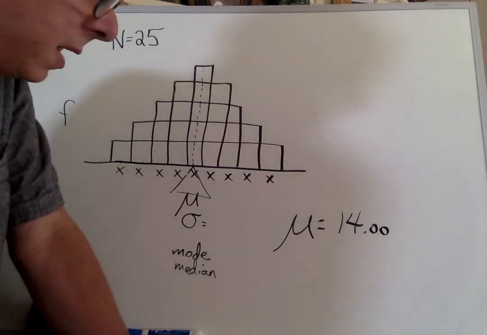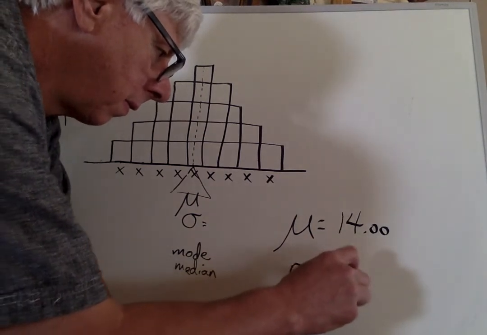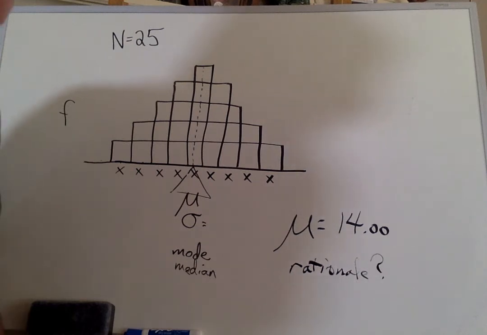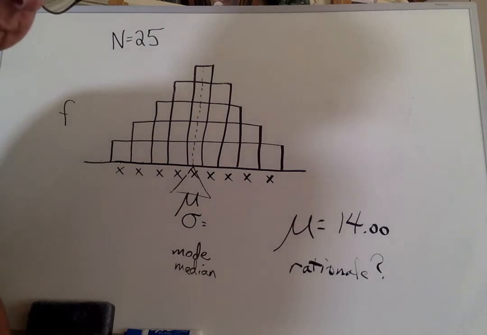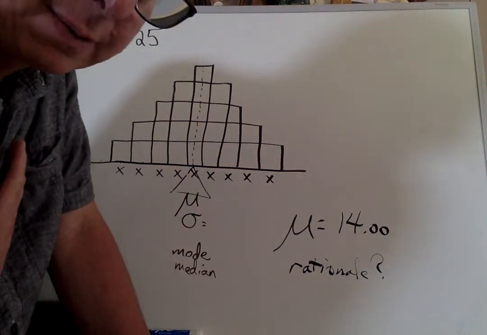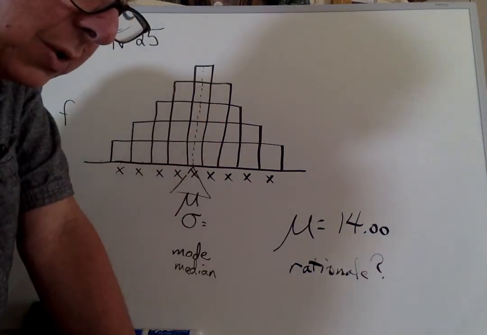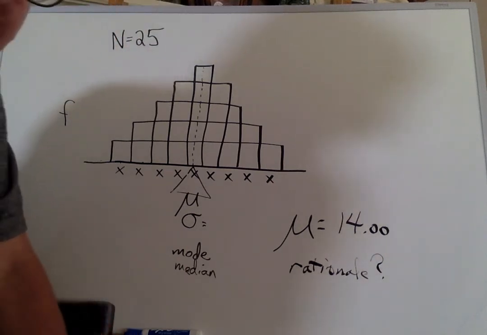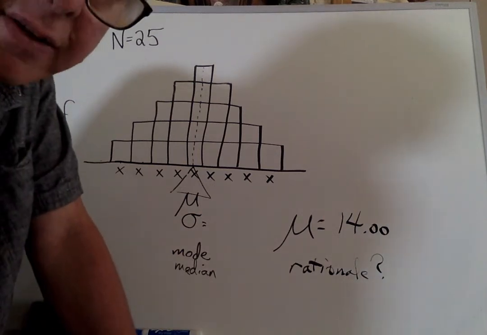But here's what I'm going to ask you. What is your rationale for making your guess the same as the block that we chose? Now, I have a rationale that I would use. Most people don't use this rationale, but they still might make the same guess. Somebody might say, well, because that's all that we have.